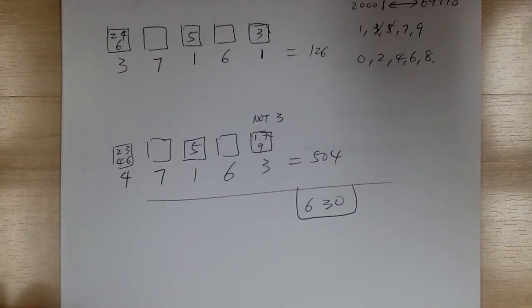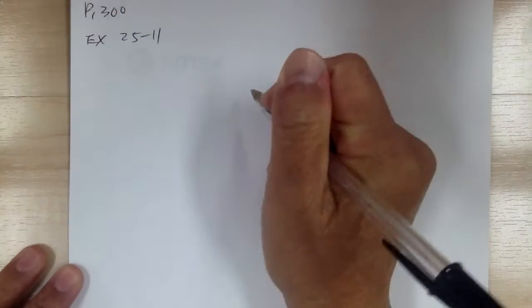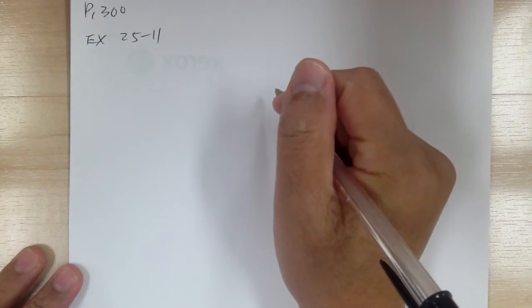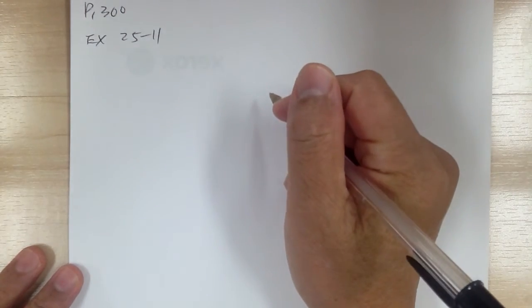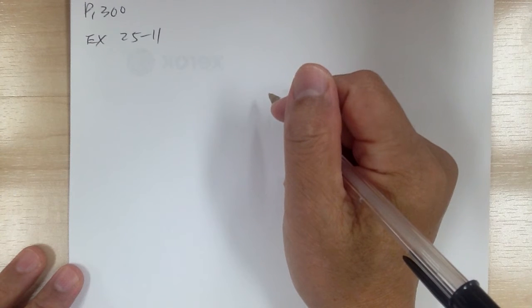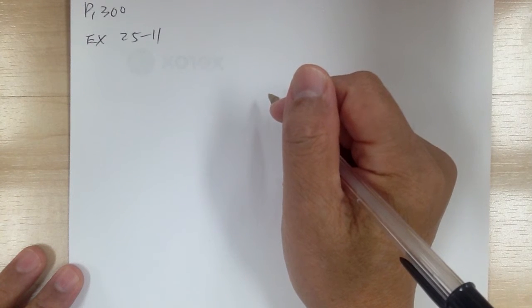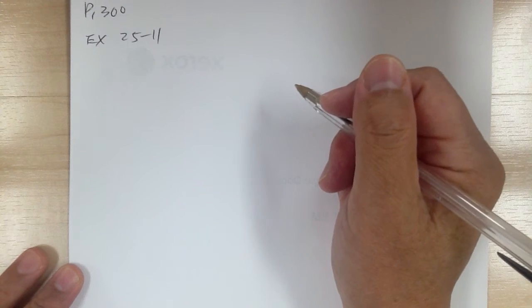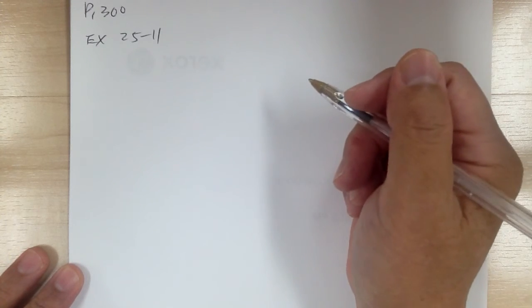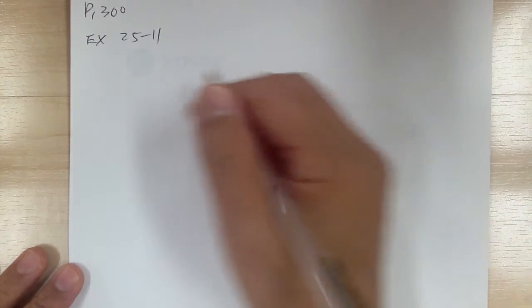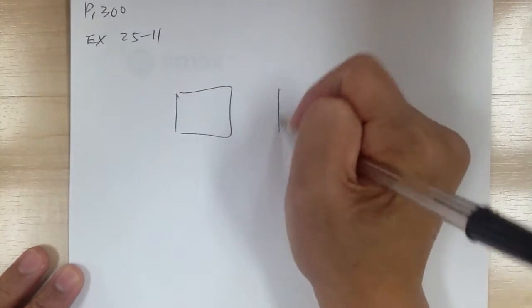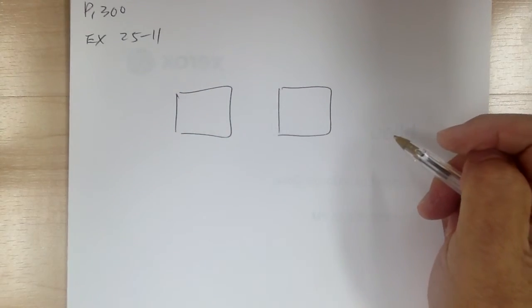Now let's go to the next example. Example 25-11. Many counting problems can subtly change by the distinguishability of the objects counted. Consider the problem: how many ways can 2 objects be put in 2 boxes? So you have 2 boxes, and you have 2 objects.